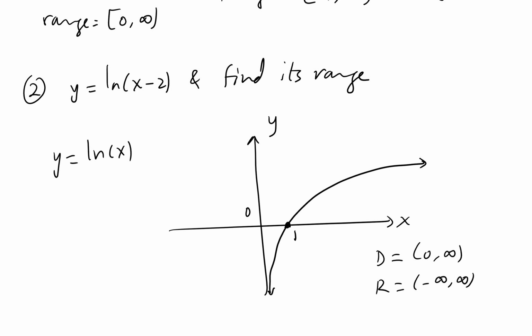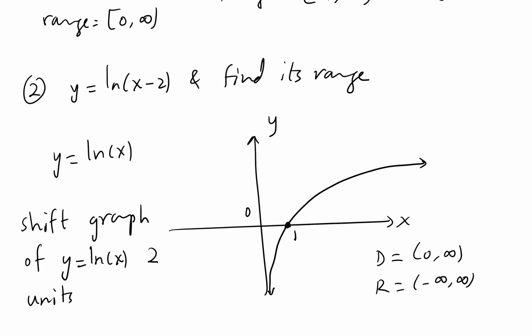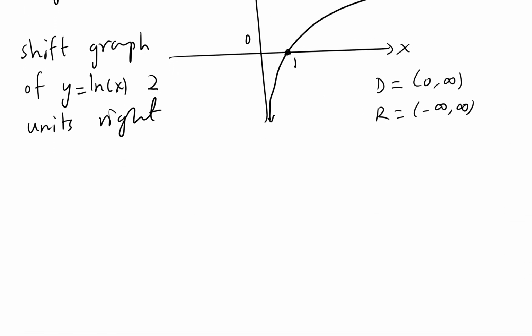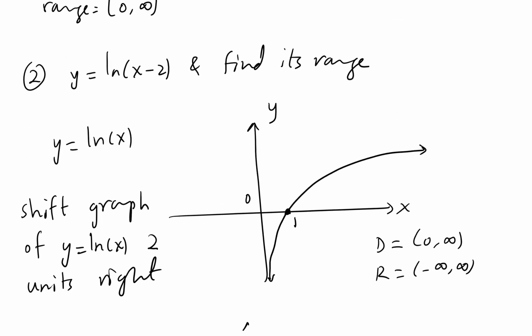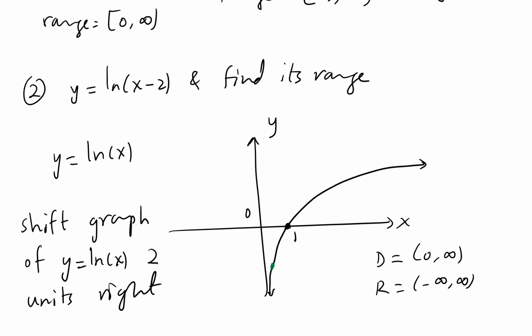But what we do is shift the graph of y equals natural log of x 2 units to the right to obtain the graph of the function we're looking for. So you may pick points on this, say 1, 2, 3 points. Shifted 1, 2 steps. So it goes up this way. That's the graph y equals natural log of x minus 2.